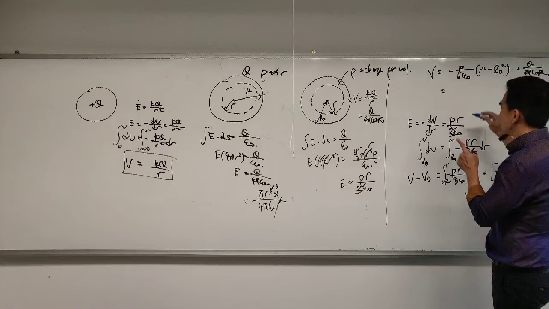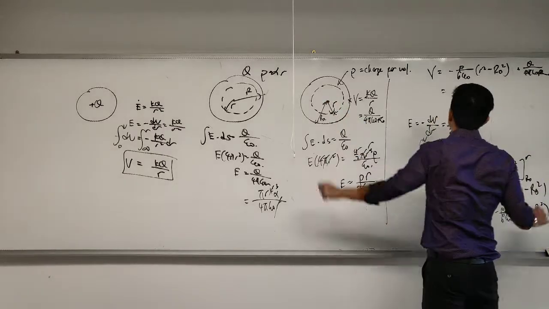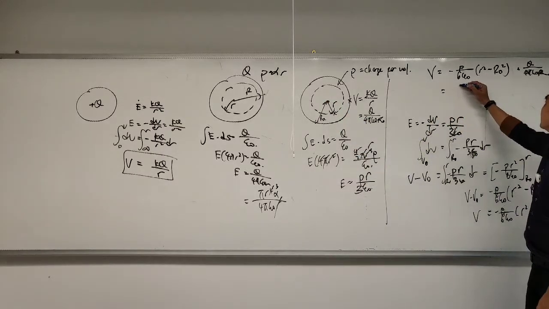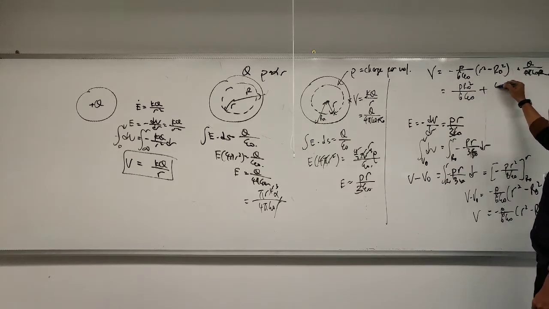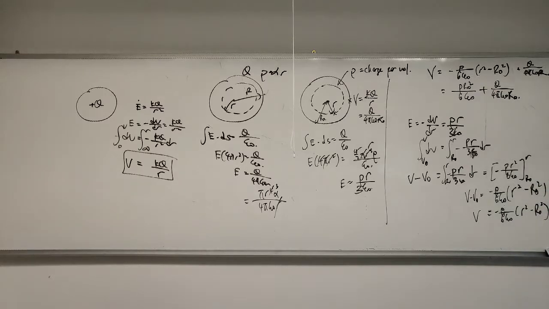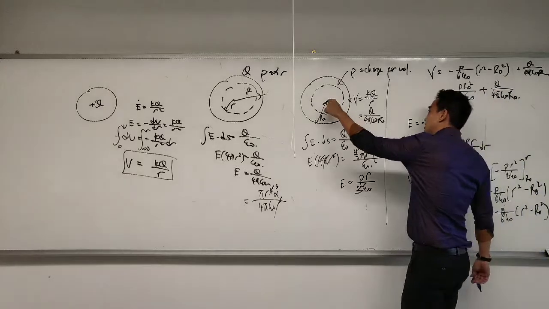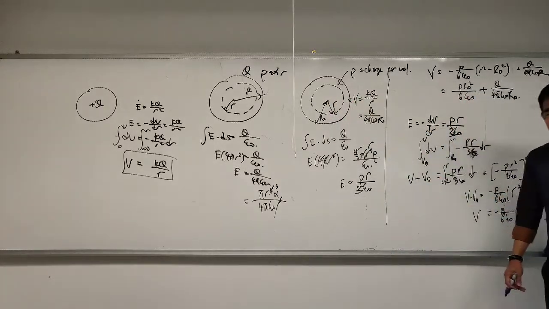If I set R to be 0, I'm finding the potential right at the center, which is rho R naught squared upon 6 epsilon naught plus Q upon 4 pi epsilon naught R naught. So what I'm getting over here is a value for the potential right at the center, which is actually higher than the potential over there.